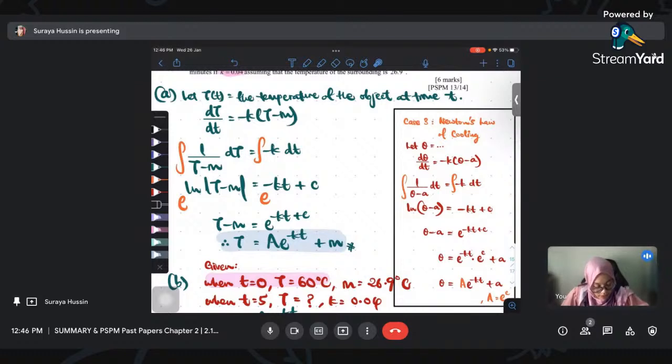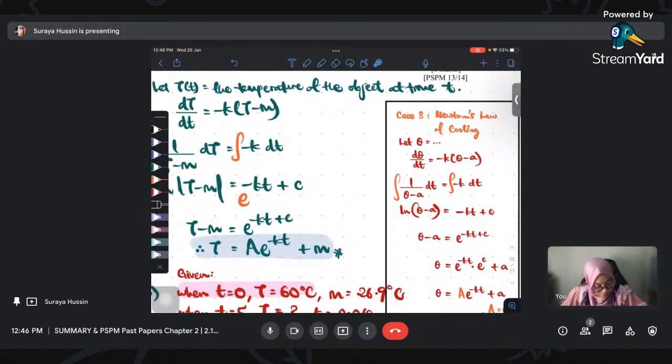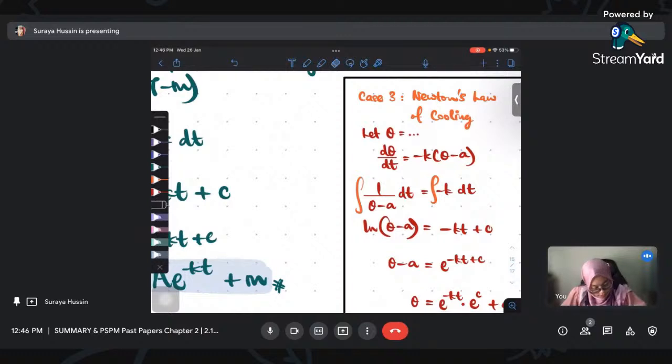Okay, first of all kita kena let dululah. Let huruf apa pun. Nak huruf T pun boleh, T merujukkan temperature. Nak letkan theta also can. Tak kisah, let ni boleh huruf apa pun. Okay, so yang penting kamu faham. Oh, dekat sini saya nak tukar sikit.